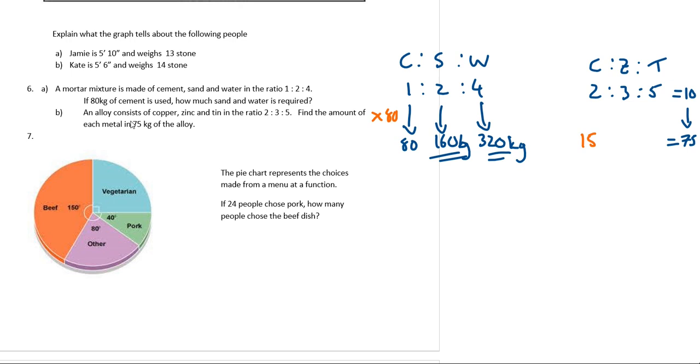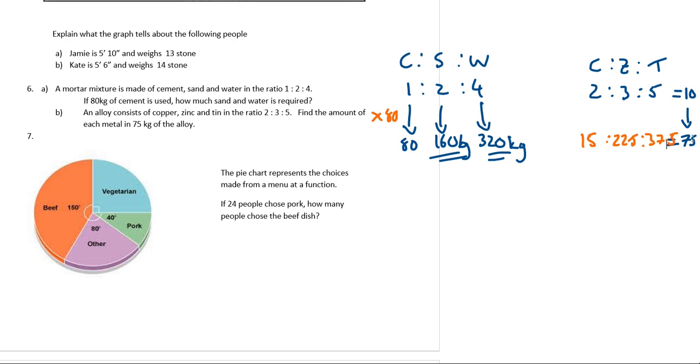Long day at the office. 22.5 and 5 times 7.5. That's 37.5. Apologies for the mess there. I'll just double check I've done that right. If I say 37.5 plus 22.5 plus 15, it does indeed add up to 75.